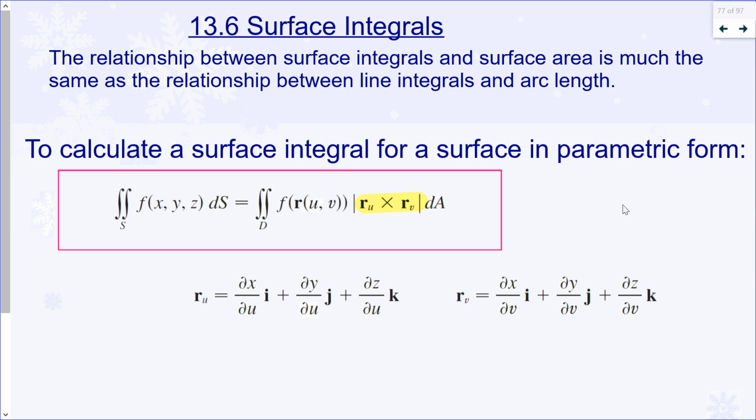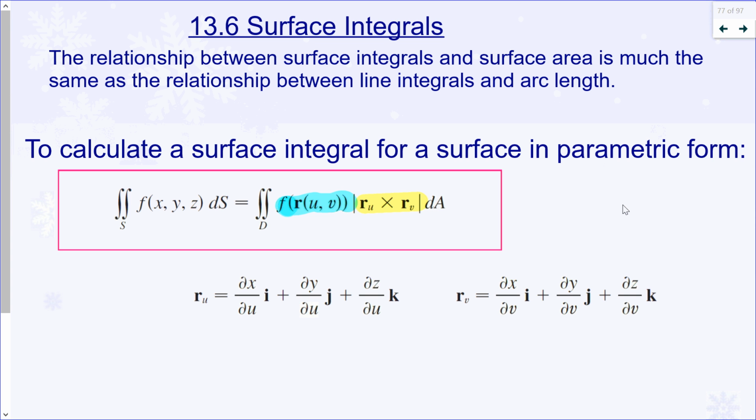And then we multiply that times your surface where you have plugged in the parameterized variables for x, y, and z. So if you parameterize x, y, and z in terms of u and v, you can plug those in, and that's going to be your new integrand. And your bounds will be determined by how you will limit your parameters u and v to generate your surface. And so that will be your surface integral.